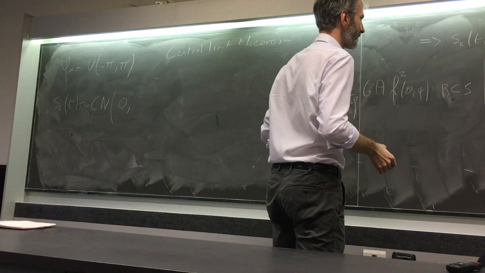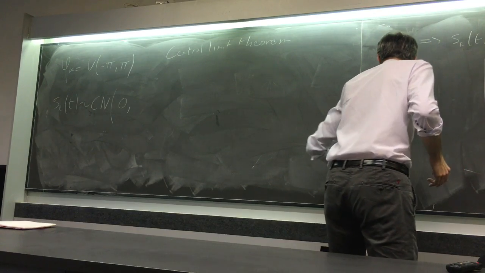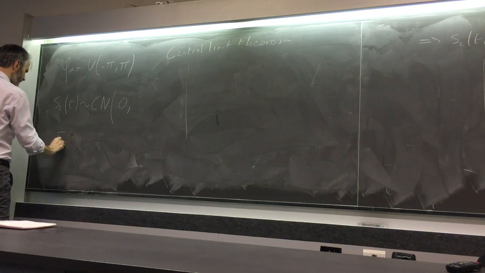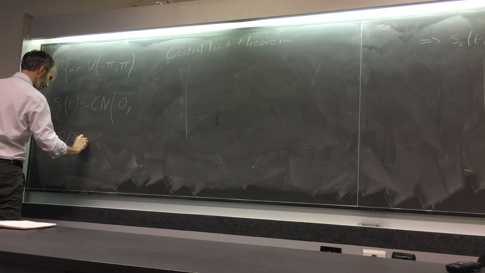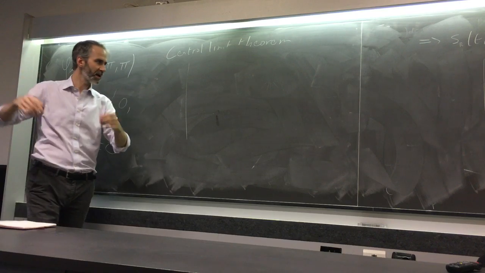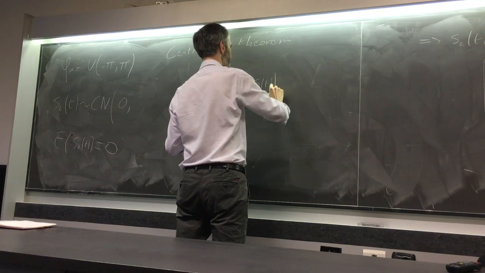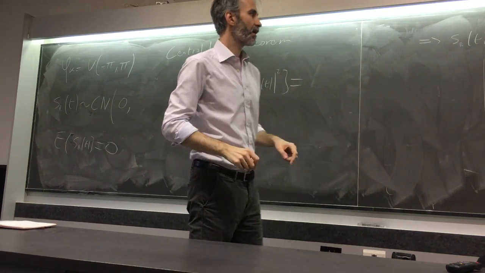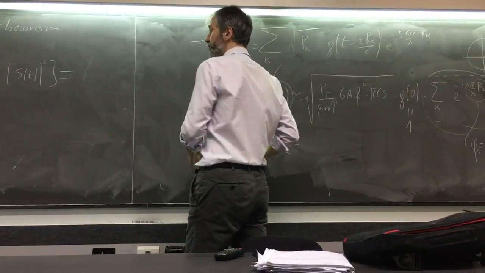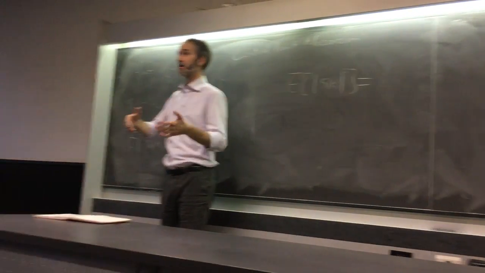And why? Because, let's see. I want to compute the, so we say it is 0 mean, because the phases do cancel out each other. And so the expected value of S squared, okay, the short version is all of these random variables here, so these phi k, are independent and 0 mean.